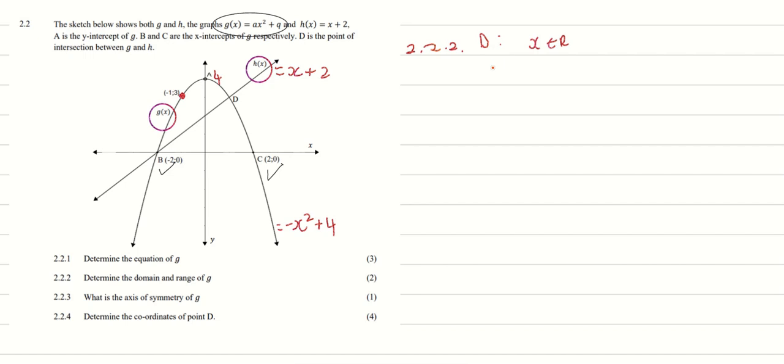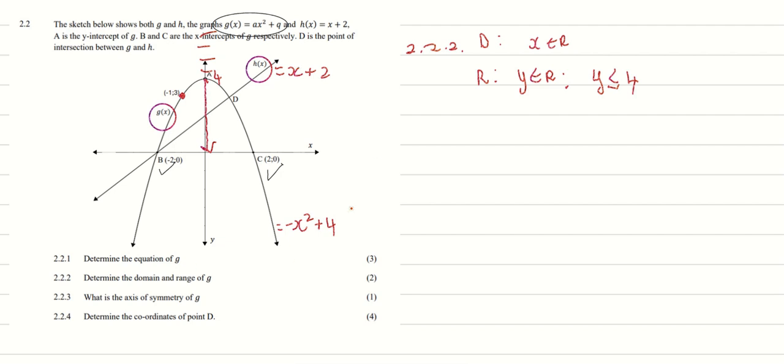As for the range, this graph will be equal to 4 and everything below 4. So y will be all your real values that are less than or equal to 4. It doesn't include 5, 6, 7, 8, 9, 10, and so on. So that is the answer to 2.2.2.